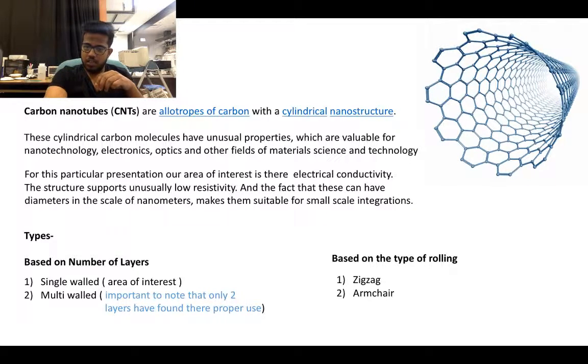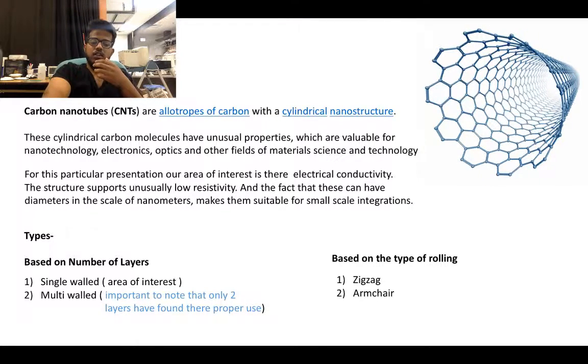If you can see this picture, these are the individual carbon atoms, and the electrons are shared between them, so it's very easy for an electron to travel in this zigzag or continuous path, which gives it amazing electrical conductivity properties. It has high electrical conductivity and obviously low resistivity.